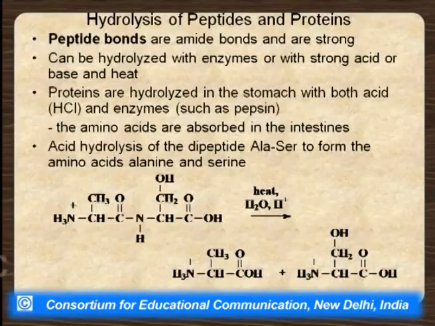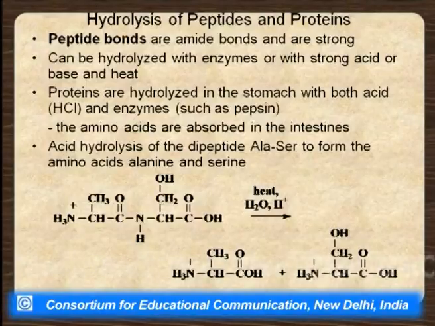So, first thing is, what is hydrolysis of proteins to yield peptides? Hydrolysis is a simple thing we do, to break down the peptide bonds. Peptide bonds are amide bonds and are relatively strong, so you need different and precise methods to break them. We can hydrolyze these bonds with enzymes or with strong acids or strong bases or heat.